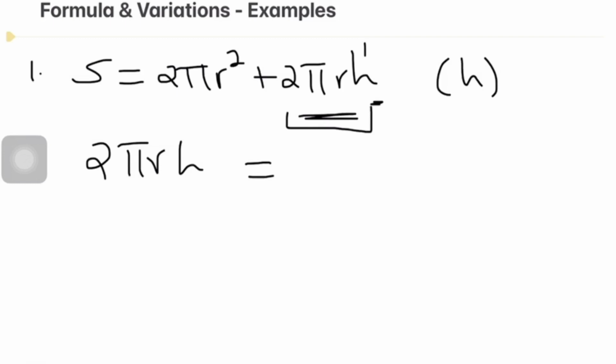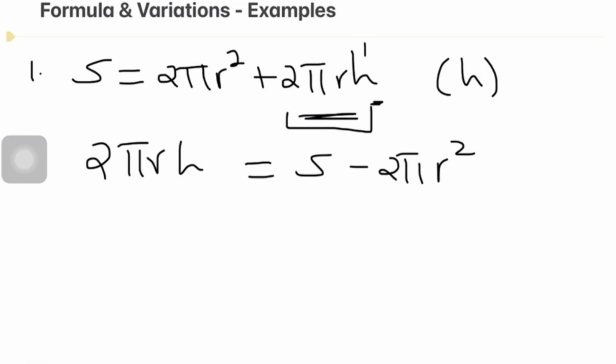So here we are going to have s minus 2 pi r squared. Since we want h, and it's just appearing in just one term, the next thing is to ask ourselves, what are we going to do so that we remain with only h alone?